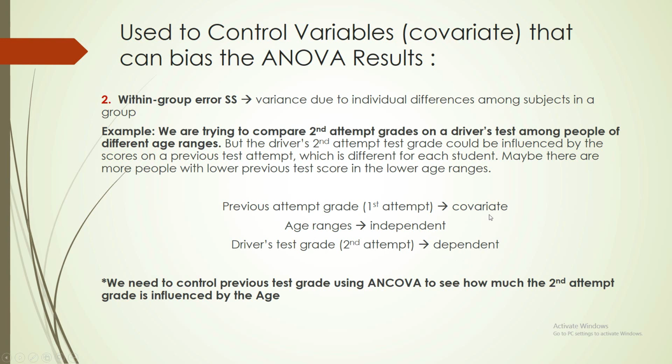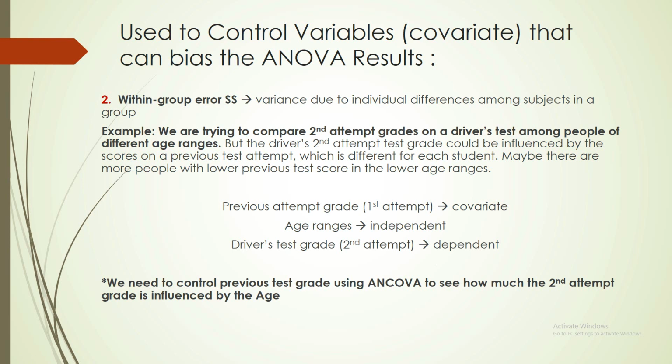So because of that, in order to see the influence of the age ranges variable more clearly, this group variable, we need to control for this covariate, which is the grade of the first attempt. So again, we could use ANCOVA to control this covariate right here so that we can see more cleanly age ranges' influence on the grade of the second attempt of the driver's test.